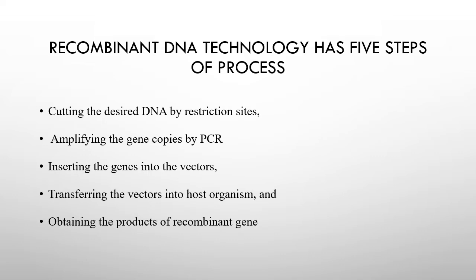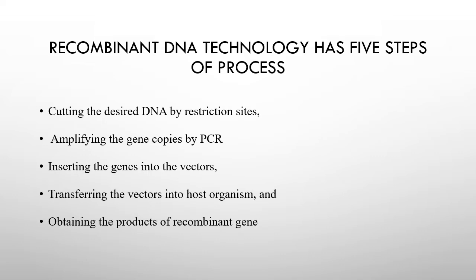The third step is inserting the genes into vectors. What are vectors? Basically, vectors are used for insertion of genes. We'll talk about them in detail in further slides. Then we transfer the vectors into the host organisms, and see how we can obtain the products of the recombinant gene.